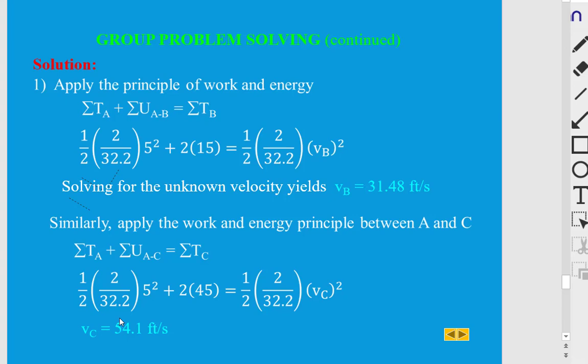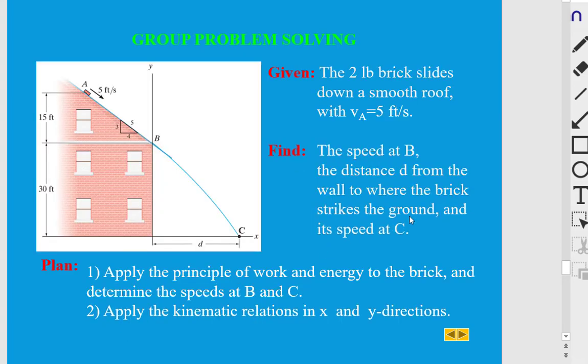This is in terms of velocity, but because another requirement of this problem is to calculate the distance d, other things have to be done, because we don't know how long it takes to travel from here to here.